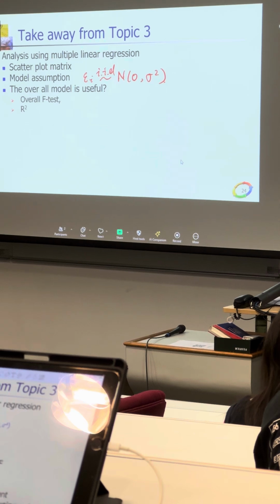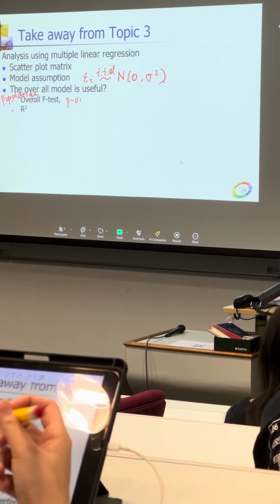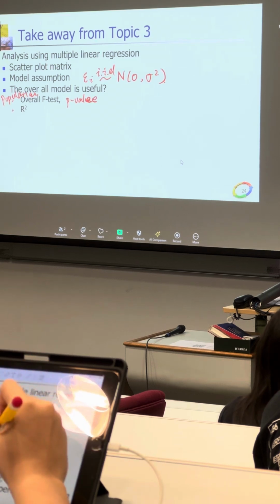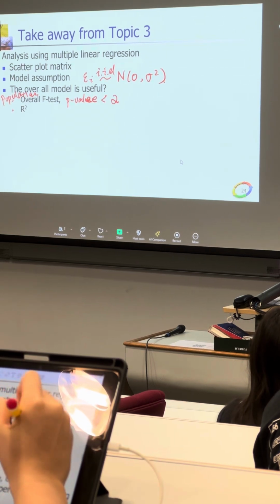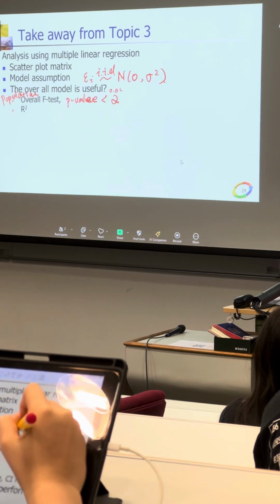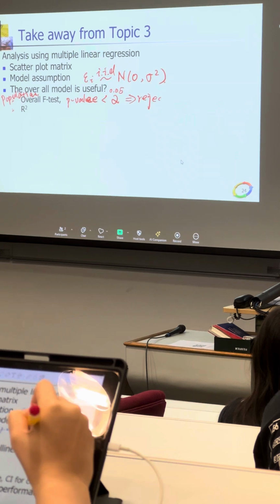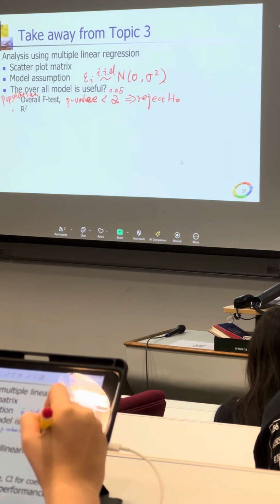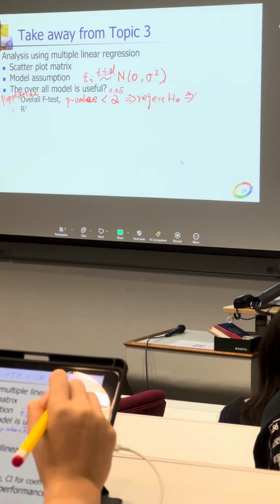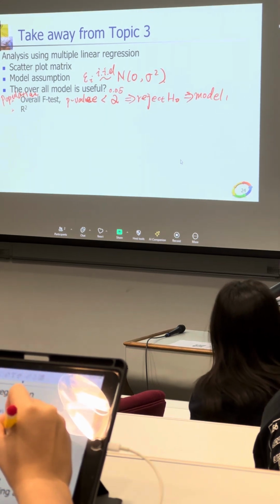Let's say the model assumptions are now satisfied, we continue to conduct hypothesis testing. The first test you look at is the F test. We want to use it to verify whether the model as a whole is useful or not in the population. If the p-value in this test is less than alpha, where alpha is the significance level, usually chosen to be 0.05, then we reject the null hypothesis at 5% significance level, and we can conclude that the model is useful.